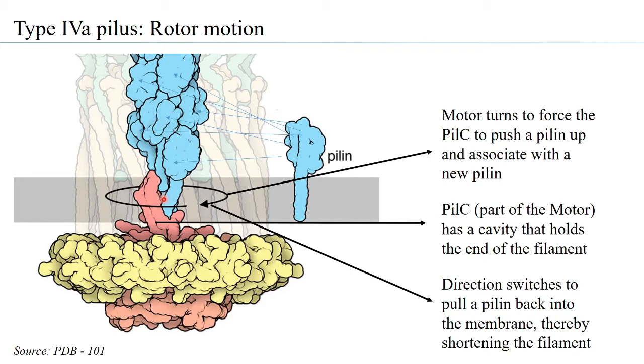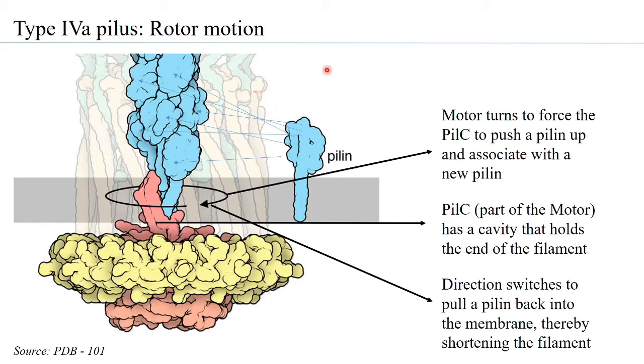So the filament is moving inwards, towards the cytoplasmic side. One calls this reeling back, or getting retracted. So the pilus extended and then it has retracted.